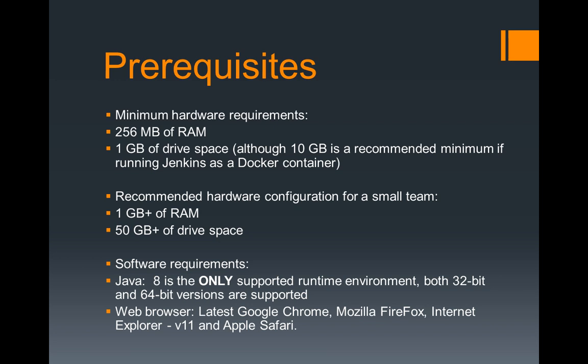Both 32-bit and 64-bit versions are supported. Meanwhile, support for version 9 is being worked on. Web browsers: the latest Google Chrome, Mozilla Firefox, Internet Explorer version 11 and Apple Safari.